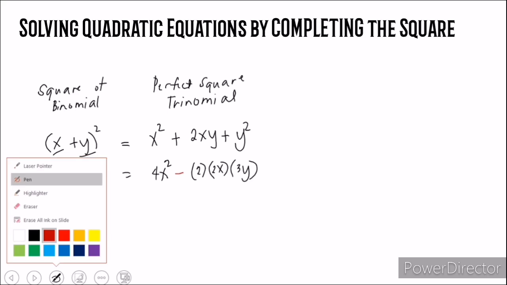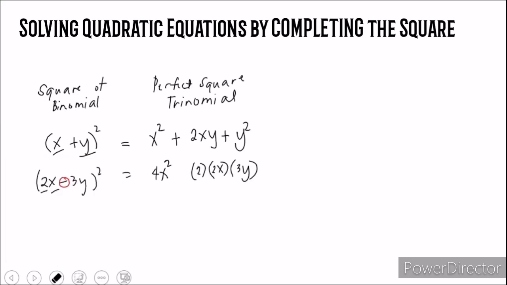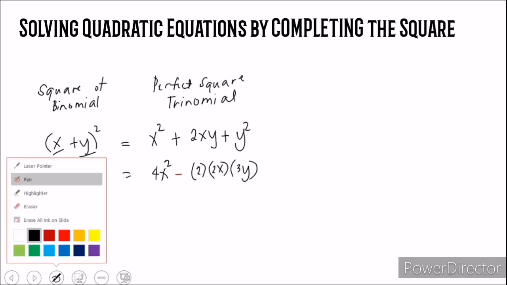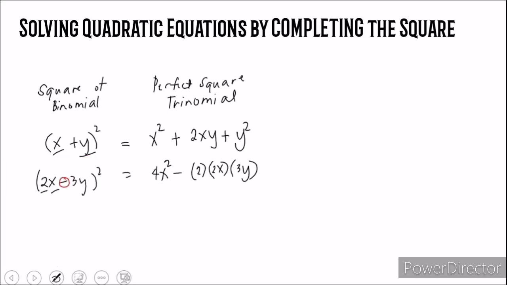So, minus. And then, square lang daw natin yung last term. So, 3 times 3 is 9.